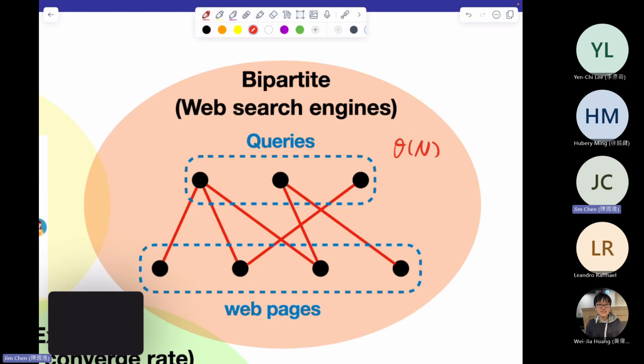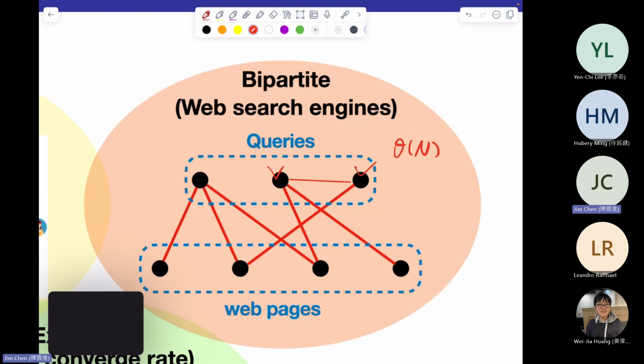For example, if we are given a graph like this, we have an edge here, and so we know the graph is not bipartite unless we make a query of these vertices. So in other words, we have to make a query to every vertex in the graph so that we can see whether the graph is bipartite or not.